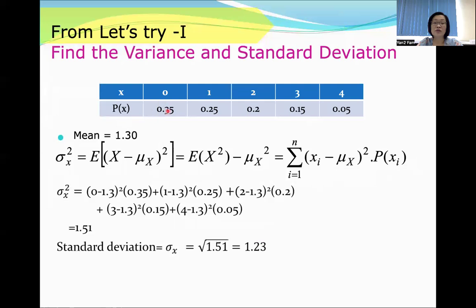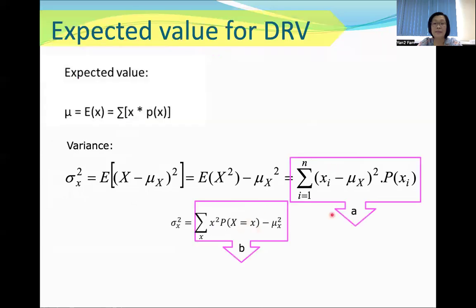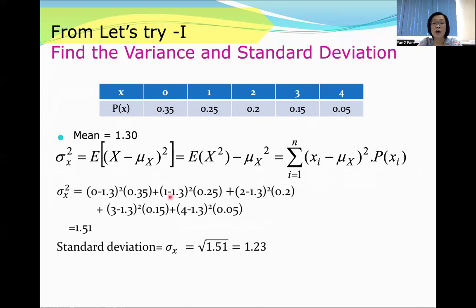So first, try to find whether you can get your mean as 1.3, okay, by looking at this set of discrete random variable data. And then after that, you can choose this way or this way to do the analysis. But in this case, I choose equation A. So what is xi?